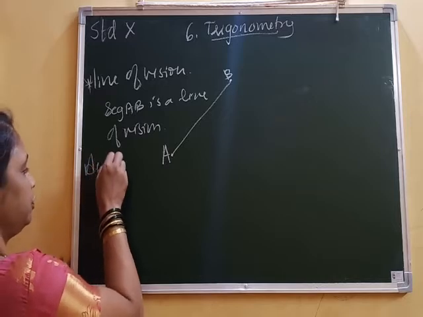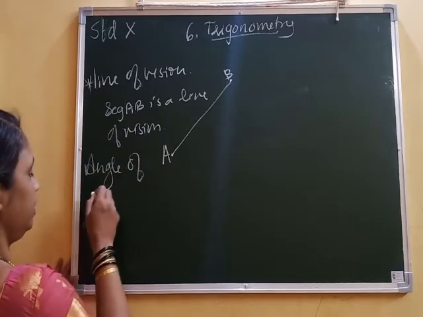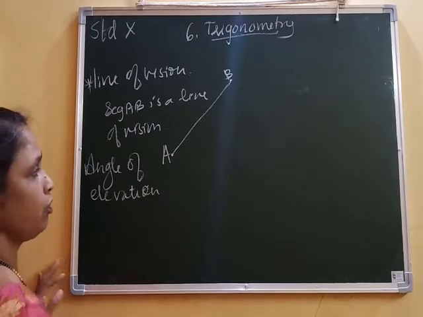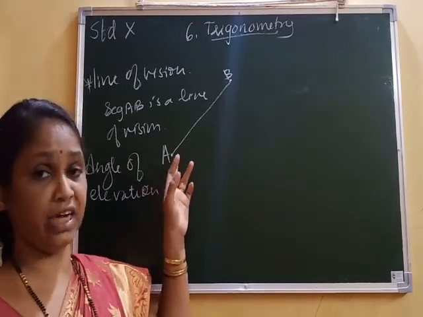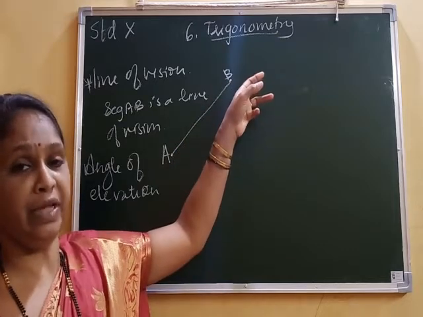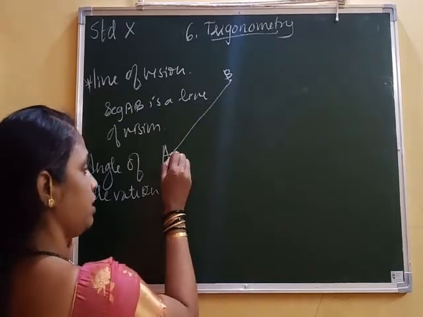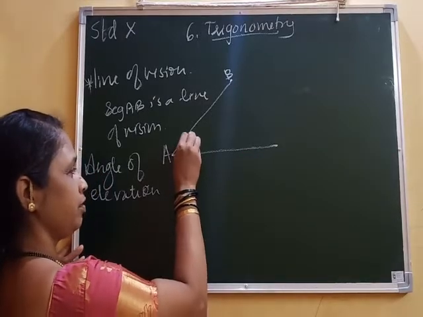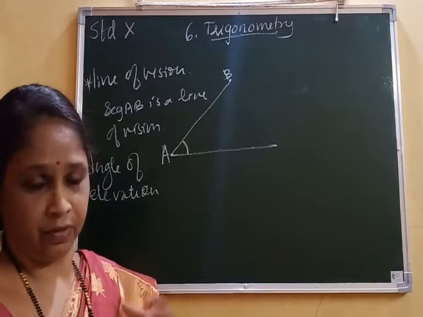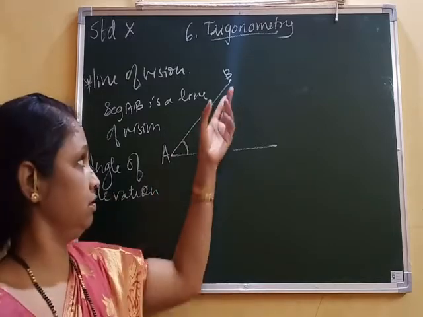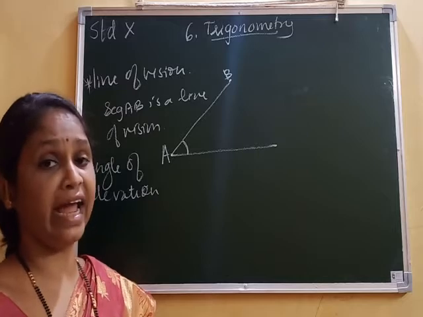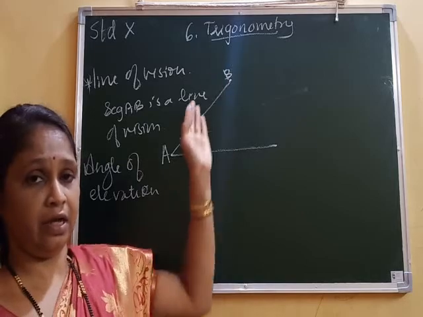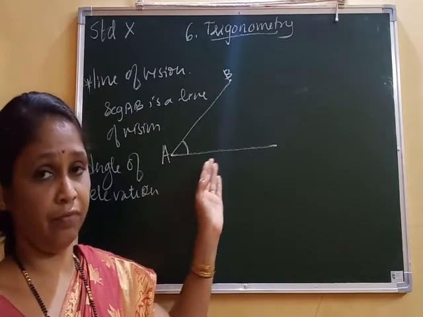The next thing is the angle of elevation. Angle of elevation means, A is the observer and he is observing at B, and there is a horizontal line with the ground. The angle formed here between the horizontal line and the line of vision is called the angle of elevation. He is observing at B, and it makes an angle with the ground.